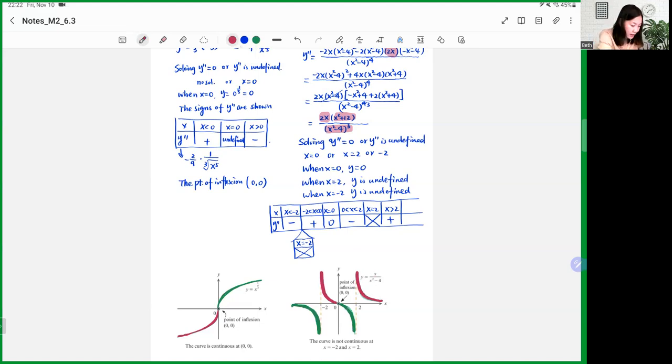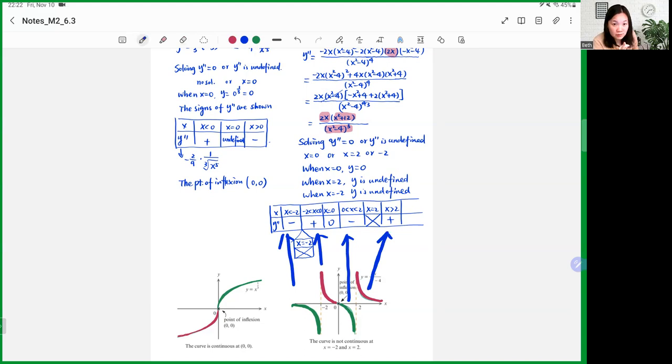Exactly. Now you can just line them up like that. This part is this, and this part is this. Now you can actually line them up.